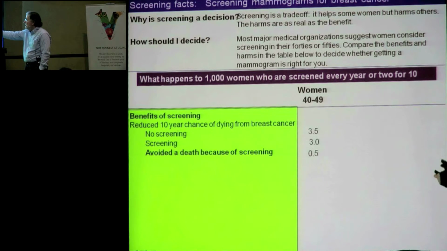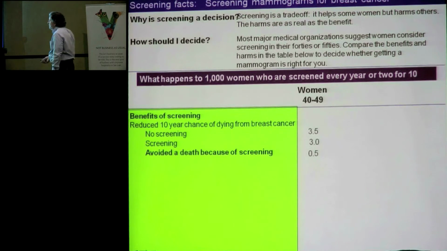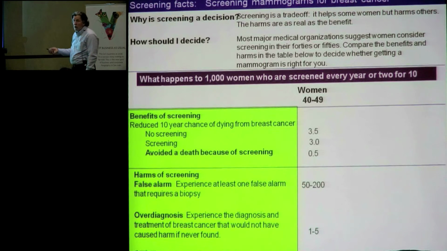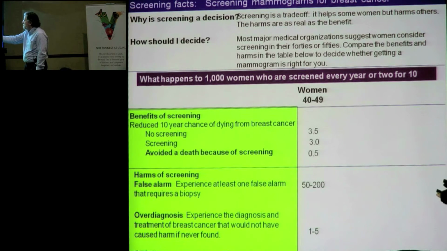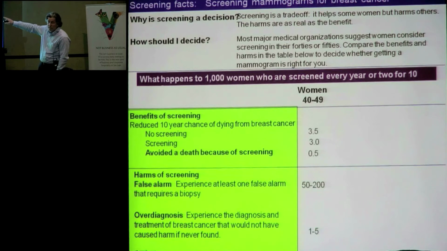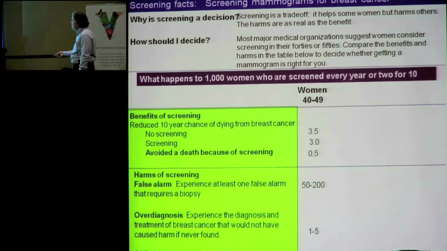So 0.5 avoided a death because of screening. The harms of screening in that age group: a false alarm that requires a biopsy, 50 to 200 out of 1,000, and overdiagnosis, those who get a diagnosis and treatment for something that never would have caused harm, 1 to 5 out of 1,000. That's a statistical breakdown of benefit versus harm.